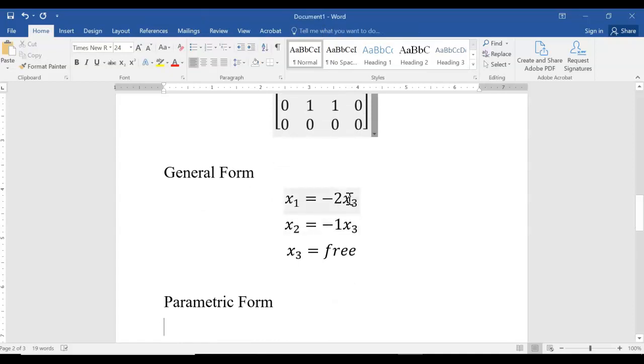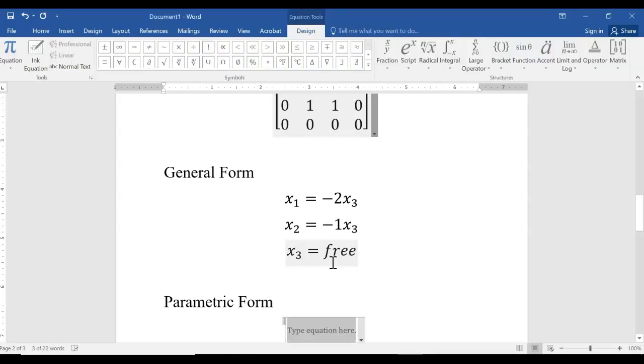Now, here's what we have to notice: x3 is a free variable, so I can make it whatever I want. I'm just going to call that x3 for right now.